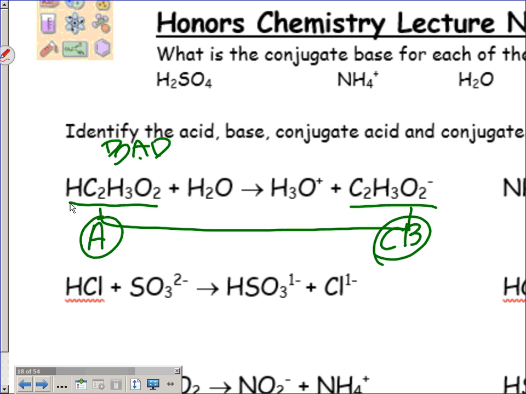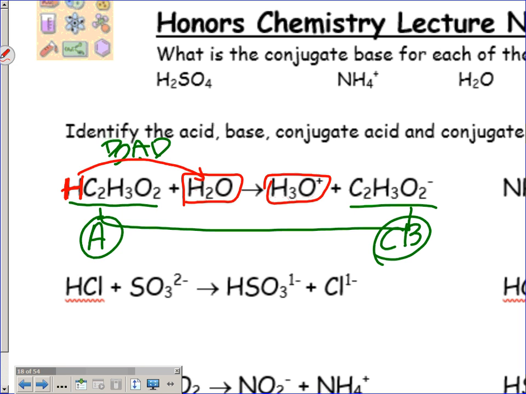Thank you. All right, so if this acid here is a donor, who did it donate to? To water. You can see that donation process because overall, water went from H2O to H3O+. You can definitely see that I got an additional H+. What do we call that when it takes an extra H+?